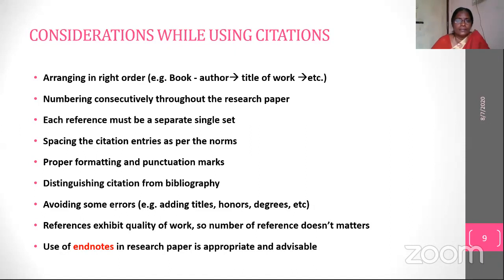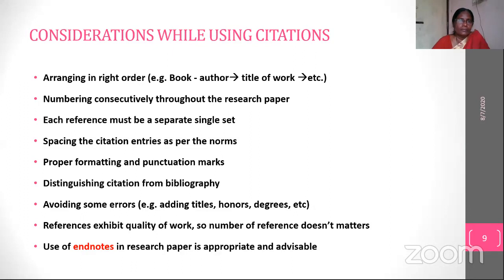And another difference is the arrangement of the author's name, which is totally varying between citation and bibliography. We should also be very careful in arranging the citations or references: the titles, honors, and degrees obtained by the authors are not to be given. Simply we write initials, name, etc.